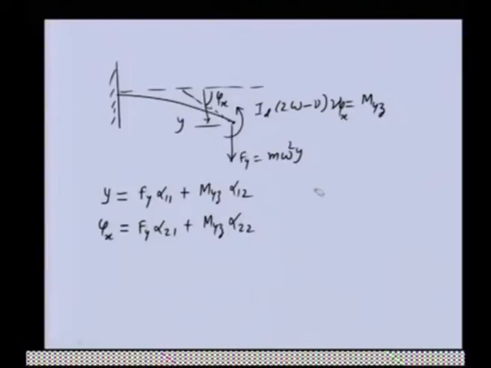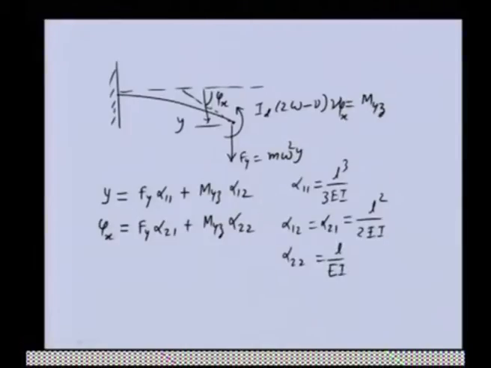So this is the definition of the influence coefficients, and these can be obtained from simple bending of beam formulas. Like for cantilever beam case, we have these influence coefficients as L cube by 3 EI, and alpha 12 and alpha 21 are the same, that is L square by 2 EI, and alpha 22 is L by EI.